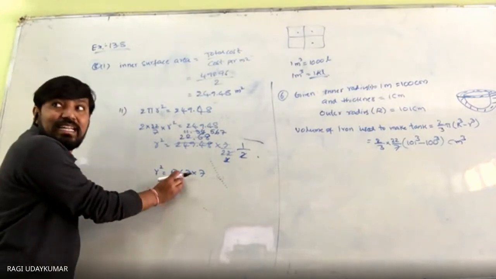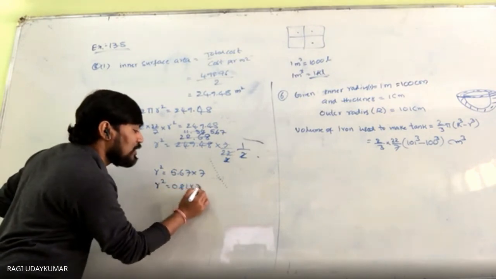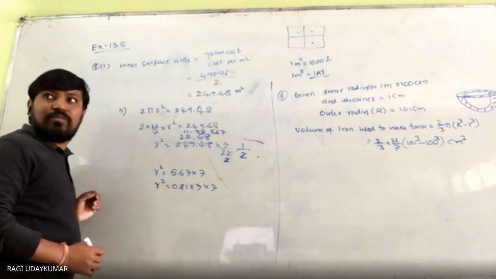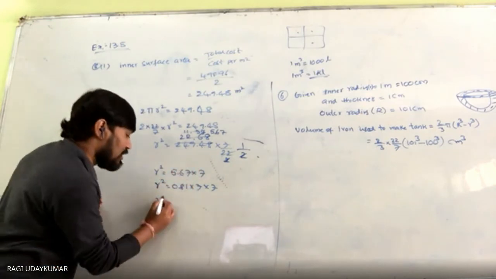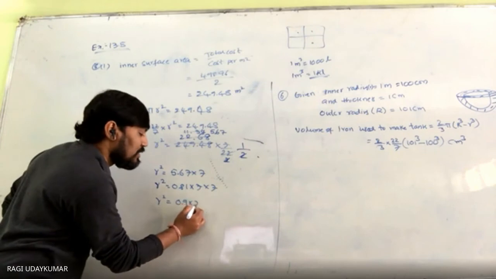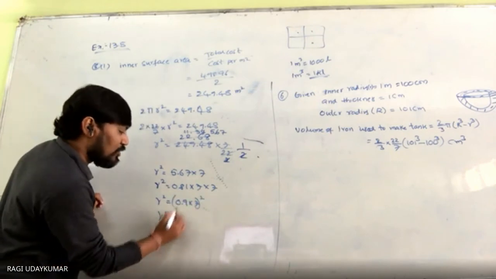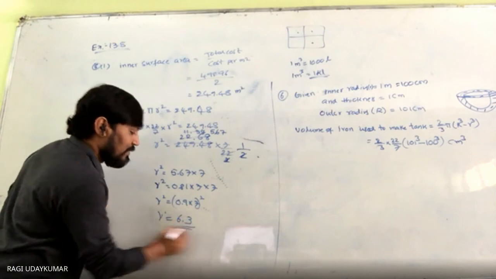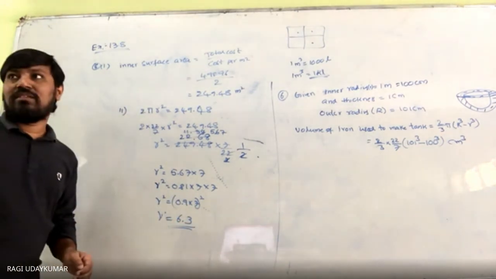So I will write it as 0.81 into 7 into 7. 0.81 means 0.9 square. So r square is equal to 0.9 into 7 whole square. So r is equal to 9 7s are 63, 6.3. Easy way of calculation.